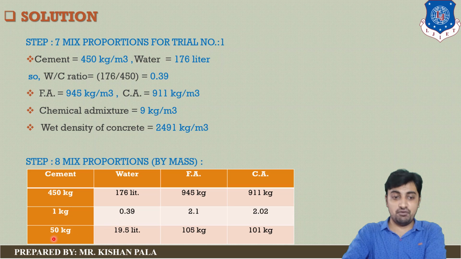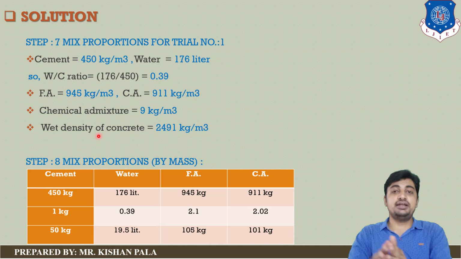Based on 50 kg of cement, our water requirement will be 19.5 liter, fine aggregate will require 105 kg, and coarse aggregate will require 101 kg. You can easily calculate with this data.